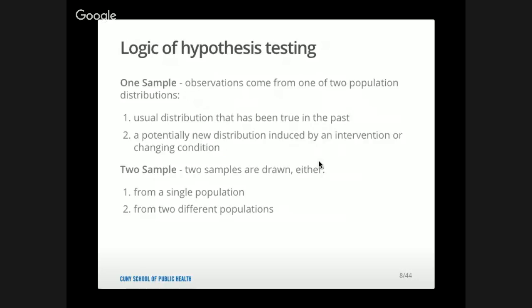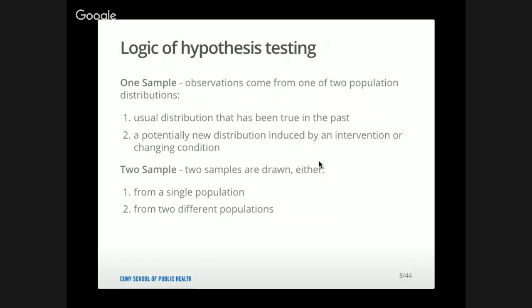So the logic of what we're doing in hypothesis testing is basically the same regardless of what kind of test we're doing. Here are a couple of examples. With a one sample test, we take this sample and assume that it comes from one of two population distributions: either the usual one, which we've seen in the past, or which is true without any intervention, that is, from a population that is known, versus a potentially new distribution that is there due to an intervention or some change in condition.